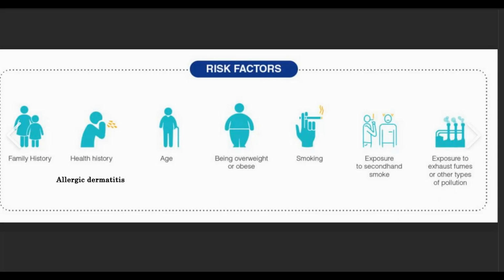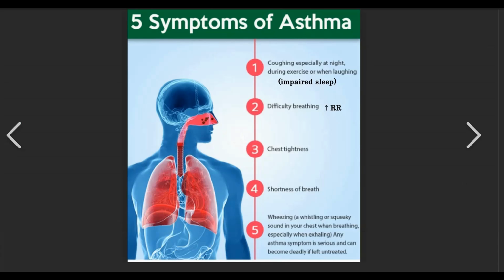What are the signs and symptoms of asthma? In the pathophysiology you learned there is a narrowed airway and excess mucus production. As a result, the patient may experience a cough, which may be worse at night and can lead to impaired sleep. Because of the narrowed airway, the patient can have difficulty breathing or an increased respiratory rate.